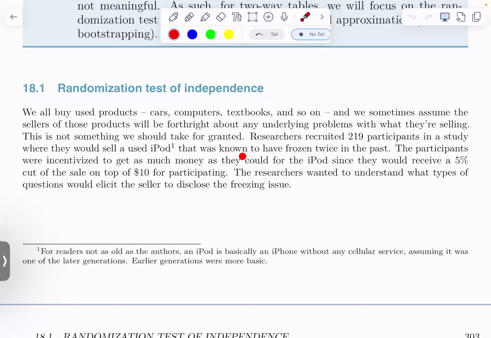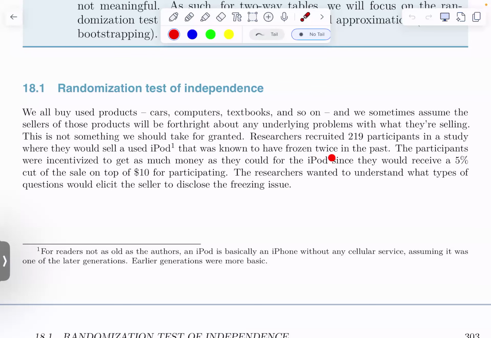Someone's selling used iPods. And so what they did was they had, I think, 219 participants who agreed to sell this used iPod. They only need one iPod because it's just a prop, but they were asked to sell this iPod to some stranger. And they were told that this iPod has frozen twice in the past, which is bad.